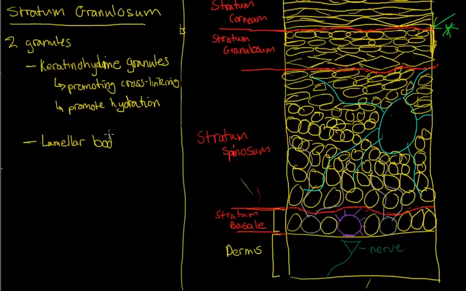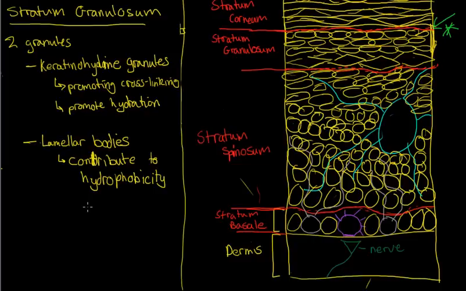And these contribute to the hydrophobicity of skin, or it's what makes your skin less permeable to water. You don't want your skin to be sucking up all the water it comes in contact with, or you'd burst. So these lamellar bodies secrete both lipids and proteins that help contribute to the hydrophobicity.